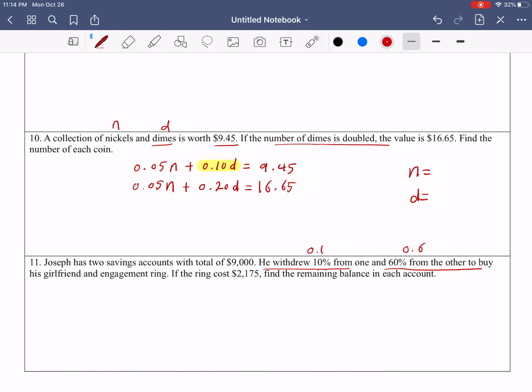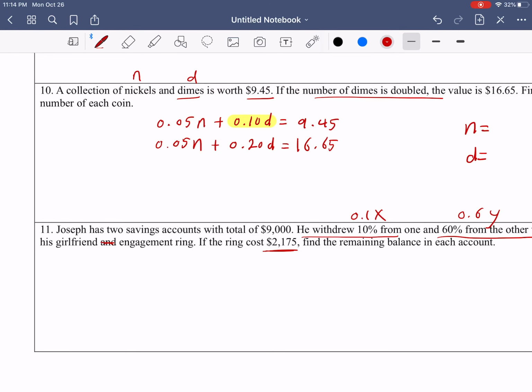We do not know what those accounts are, but this one is going to be X, the other one is going to be Y, to buy his girlfriend an engagement ring. If the ring costs $2,175, find the remaining balance in each account.